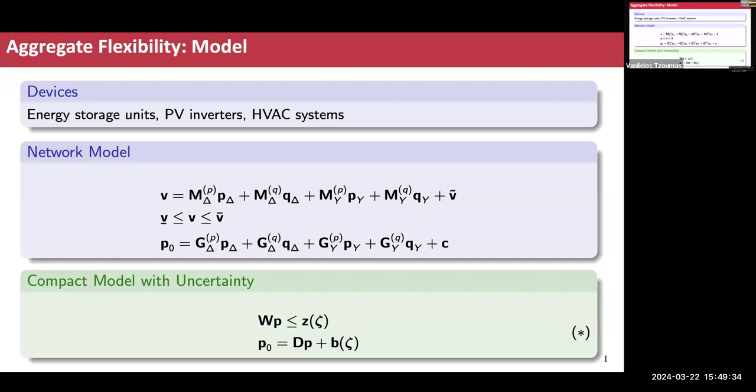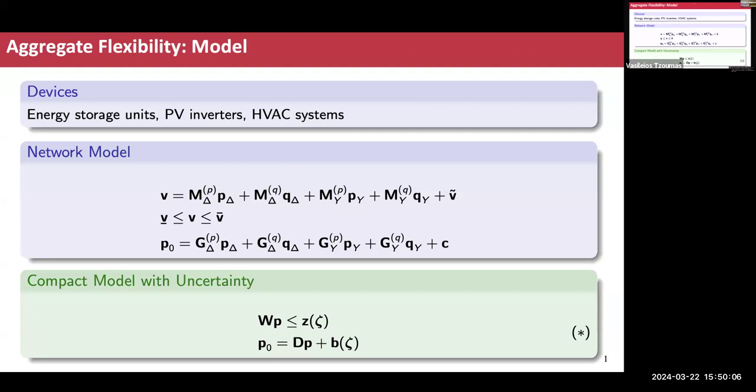So if we put the network constraints and the device constraints together, we come up with this compact model with uncertainty. For this first set of constraints, think of plugging the right-hand side of this constraint into the V. Then we have a constraint on the power injection, and also plug in the device model here.